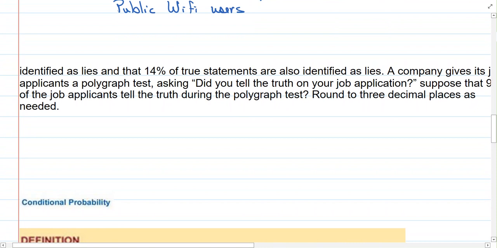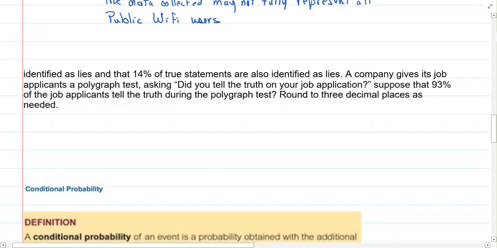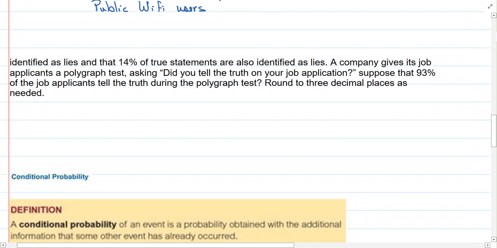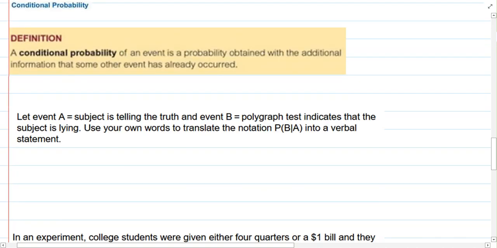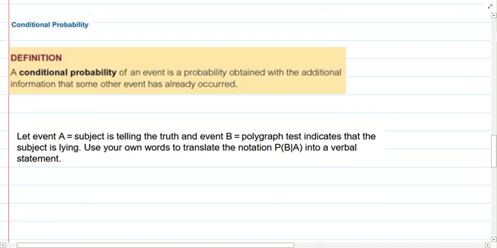Well, that one is cut off. Okay, so I can't do it. Well, I can't do that one because I don't have the tape. So we're going to take off to conditional probability.